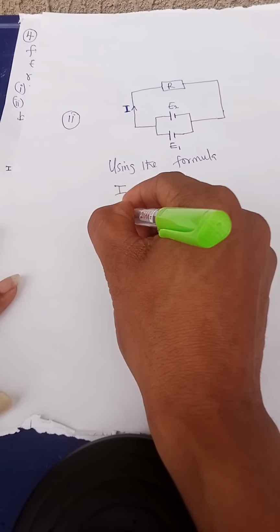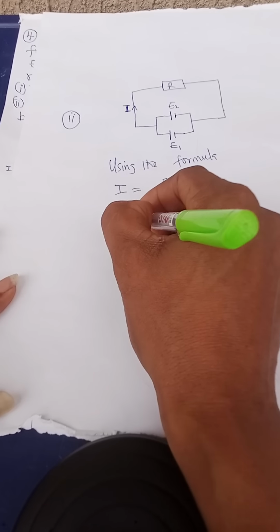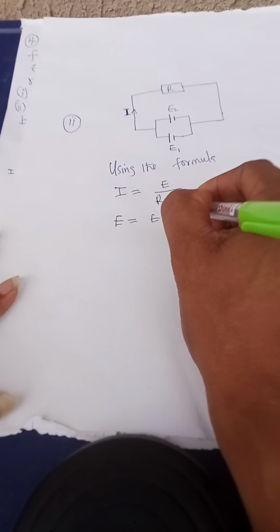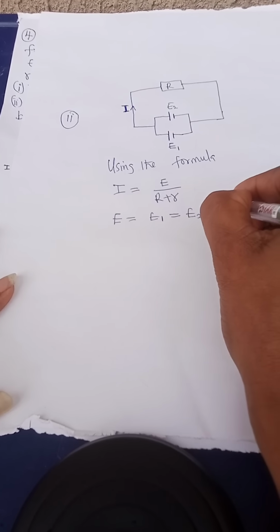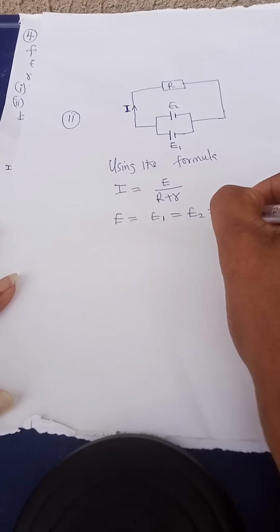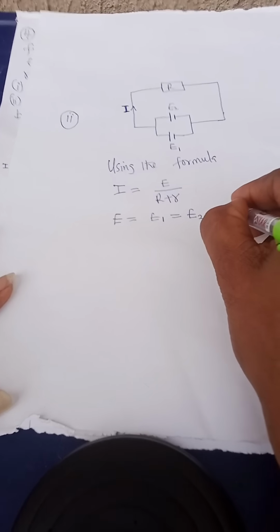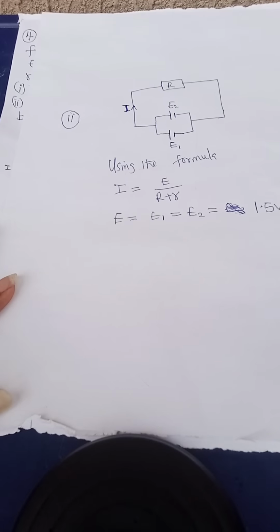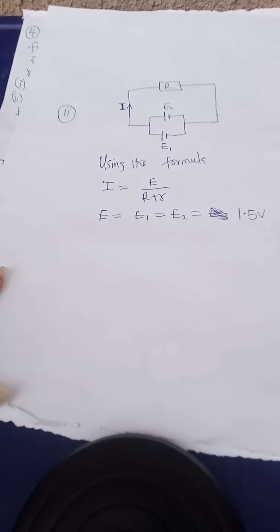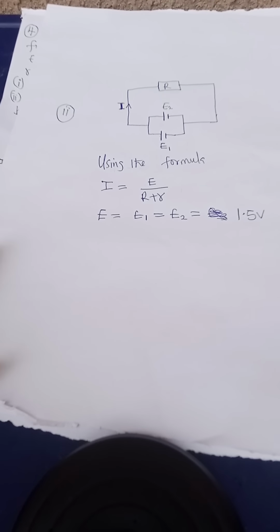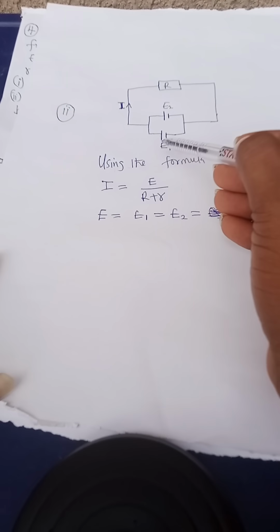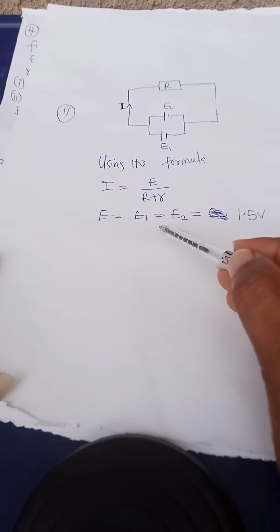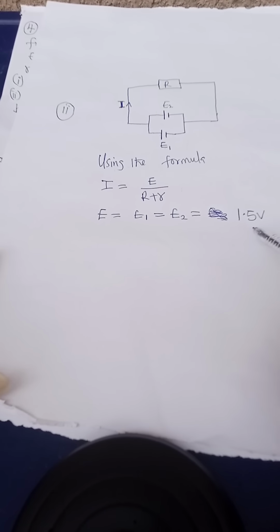So in this case, we have that E is equal to E1, which is equal to E2, which is equal to E3, which is now equal to 1.5 volts. The reason is because the circuits are connected in what? In parallel. When two cells are connected in parallel, the effective EMF is equal to one of the individual EMF, which is 1.5. So I'm going to use 1.5 as my E here.